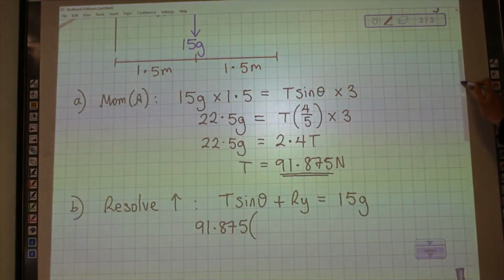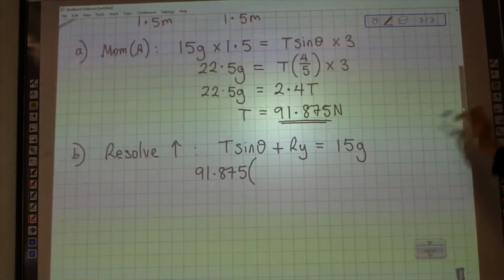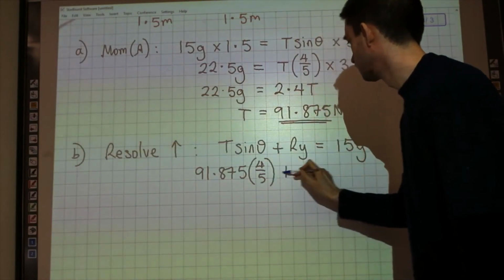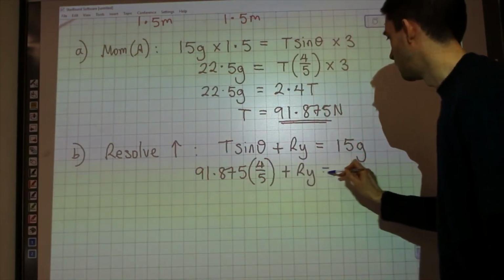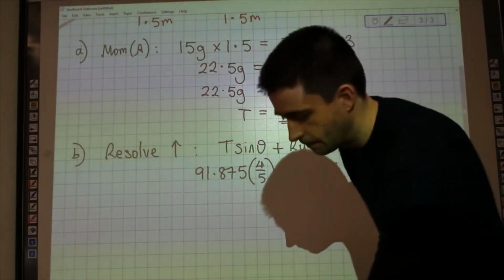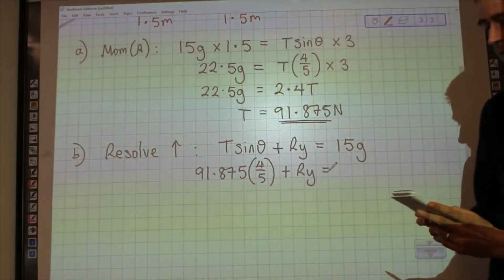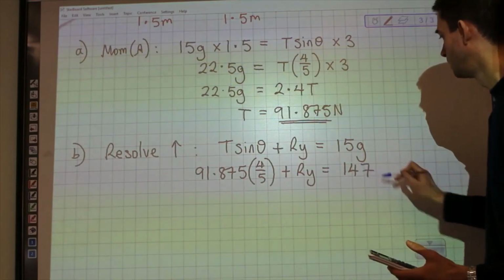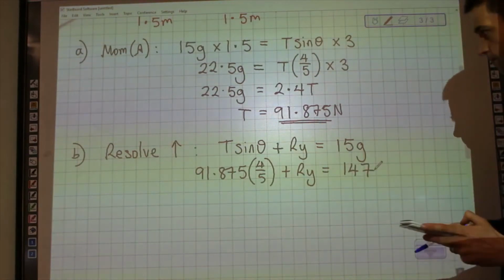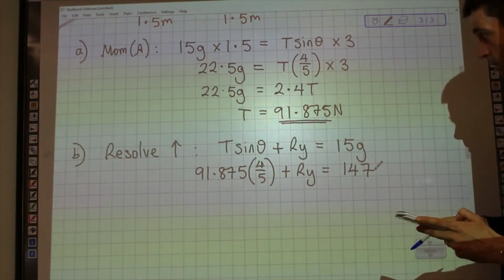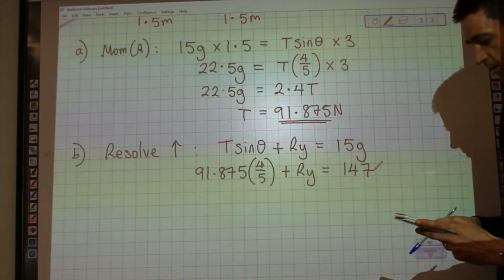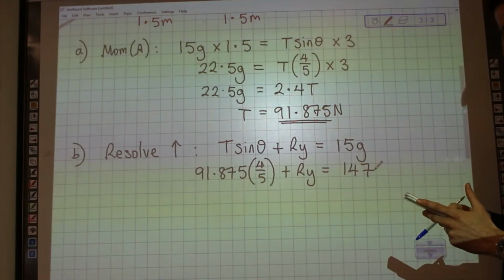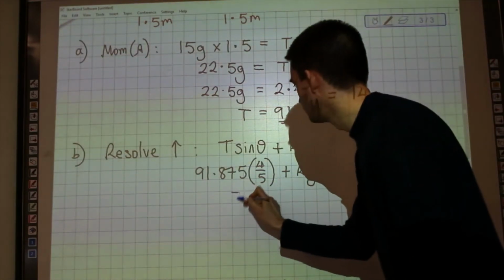I know from my triangle earlier on that sine theta is 4/5, plus the reaction at Y is 15G, which as a number, 15 times 9.8 is 147, which is great. 91.875 times 4/5 is 73.5.